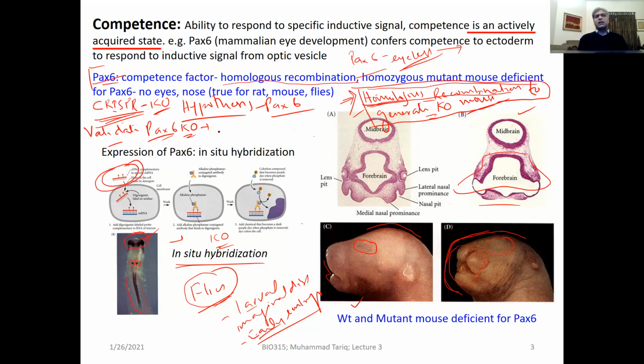This is the first experimental validation or correlation. You say, okay, I targeted PAX6, PAX6 expression is gone, and then I have the corresponding phenotype. This phenotype is most likely due to this.